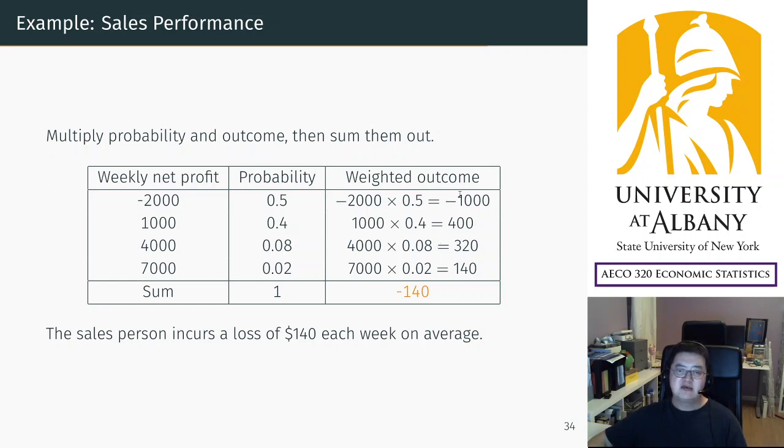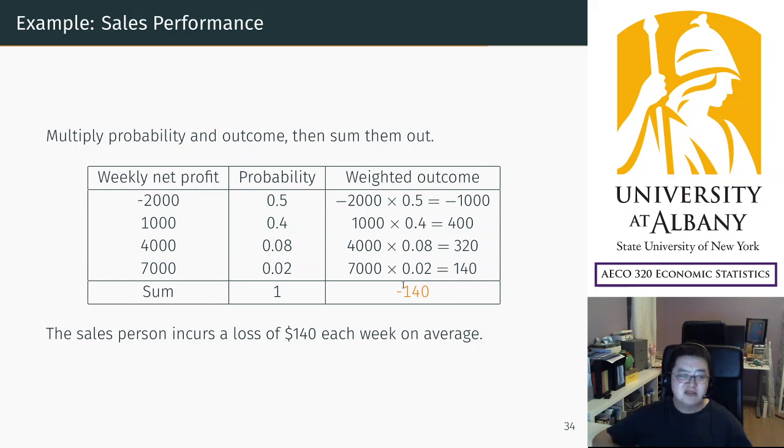If you add these four numbers, then you get minus 140, which means the average weekly net profit generated by this car dealer is minus $140, which means it's a loss. This dealer incurs a loss of $140 every week on average.